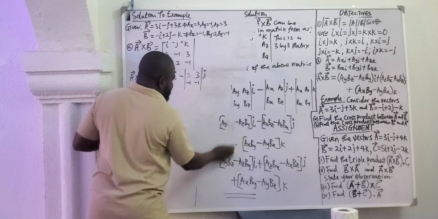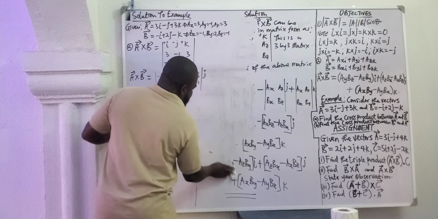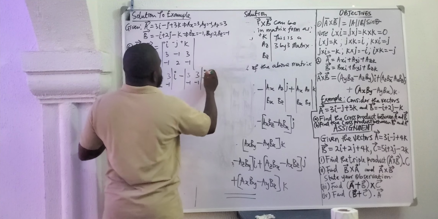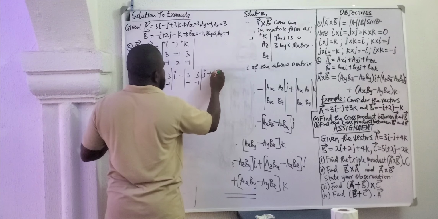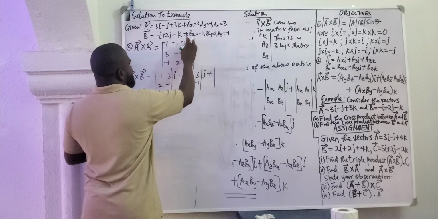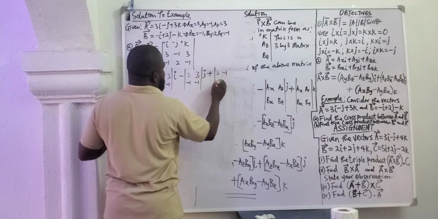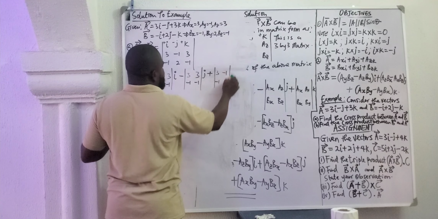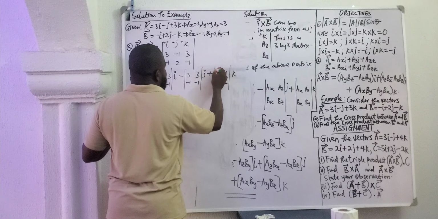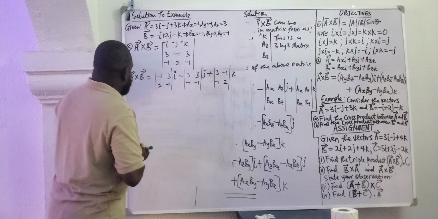J. In like manner, I will reduce for the K. We will have that plus, that's the positional sign. We have this and this row and column. What I have left, 3, minus 1, minus 1, 2, multiplied by what? K.